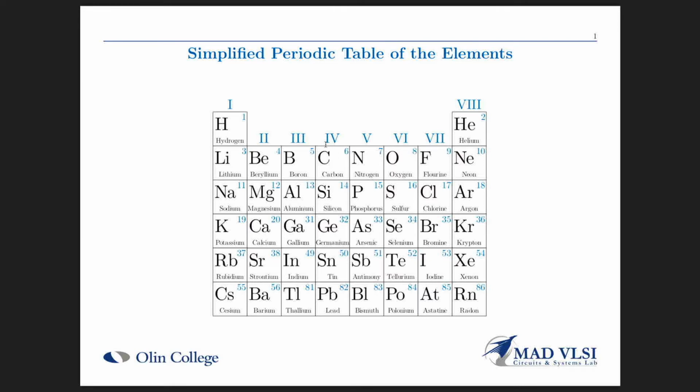Anyway, we're going to be focusing here on group 4 and silicon in particular, since silicon is by far the dominant element out of which we make semiconductor devices today. There are some compound semiconductors that are made from different group 4 elements like silicon germanium or silicon carbide.